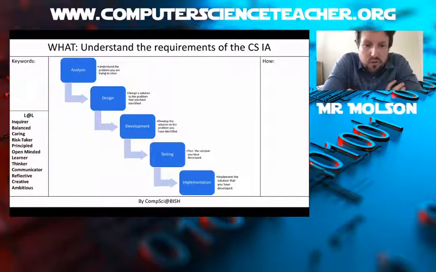We've already spent a lesson talking about analysis and the kind of techniques that you can use, such as questionnaires and interviews, and the kind of questions that you need to ask to find out about the problem from your client. So it's really, really important that you spend a suitable amount of time doing your analysis and understanding what the problem is that you are trying to solve.